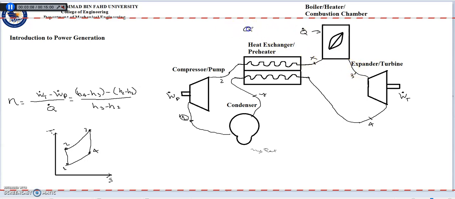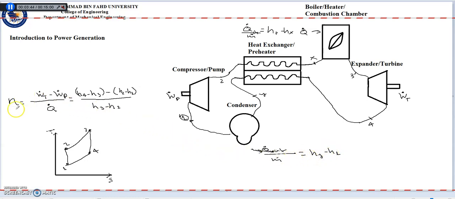So right here, Q dot in over M dot equals H3 minus Hx. And the heat we reject on the condenser is less than before. It's only Q dot over M dot equals Hy minus H1.